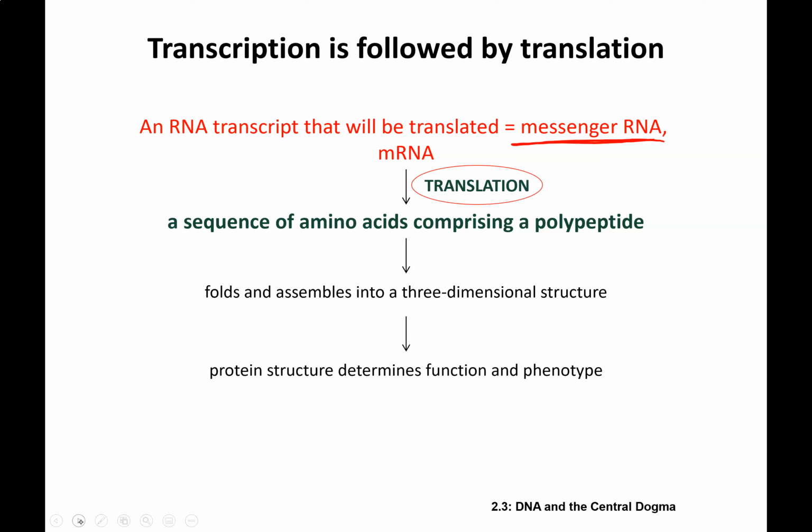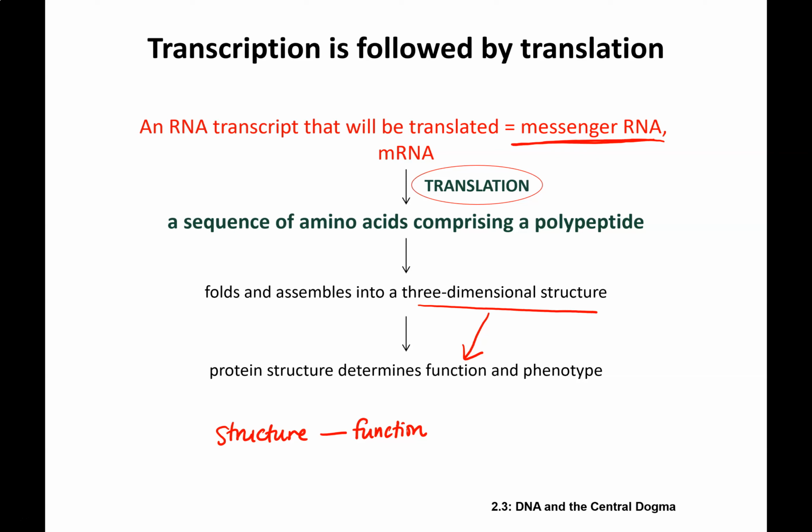Until we actually get that 3D folded and processed structure, our proteins have no function. That three-dimensional structure is very much related to the function of the protein. If your 3D structure is not correct, you have no function. So this idea of structure and function being very closely tied is really important in biology. In fact, we have lots and lots of structures that have very specific functions, and proteins are no different.